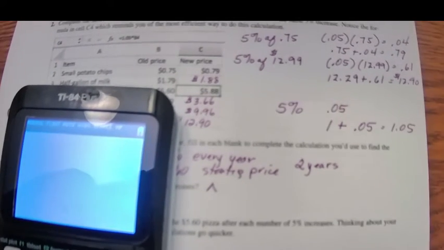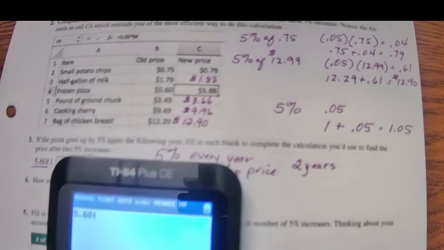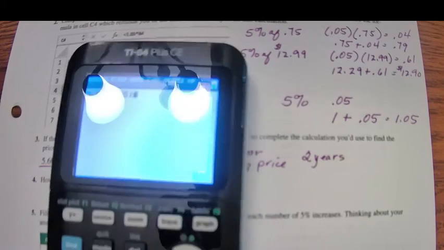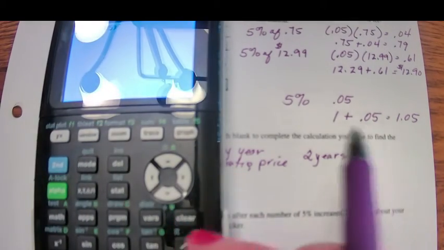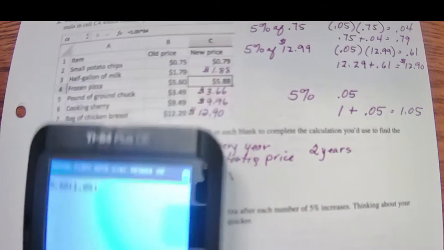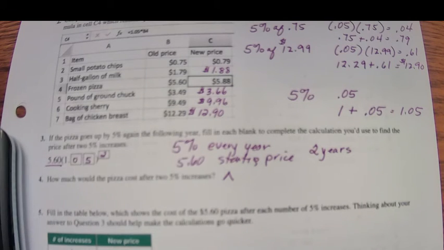Okay, so on my calculator, I'm going to have 560, which is the original price, 1.05 for the original price plus the 5% increase, and I'm going to press the power button, the caret button, the raise to. And you see now I have an exponent. So after 2 years, that would be $6.17.